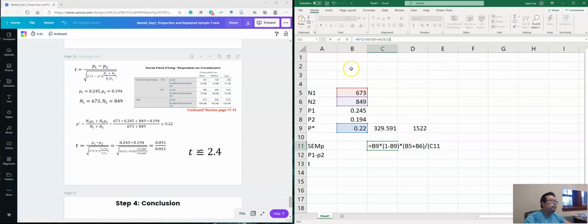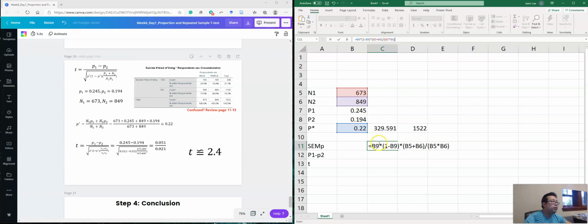So, very basic mathematics again. That will be n1 multiplied by n2.